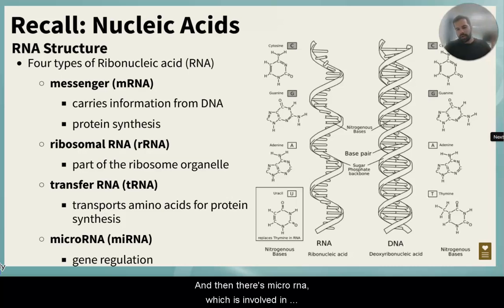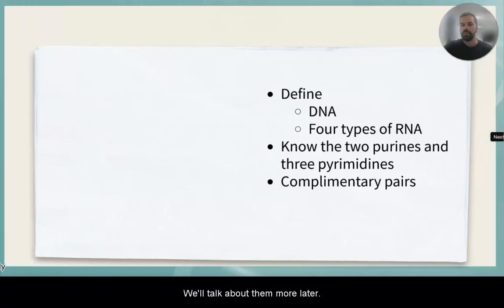Transfer RNA brings those amino acids over to the ribosome to where they can be used to synthesize the proteins. And then there's microRNA, which is involved in regulating which genes are expressed and influencing the rate at which different strands of DNA are transcribed and translated. So 4 different types of RNA. We'll talk about them more later.